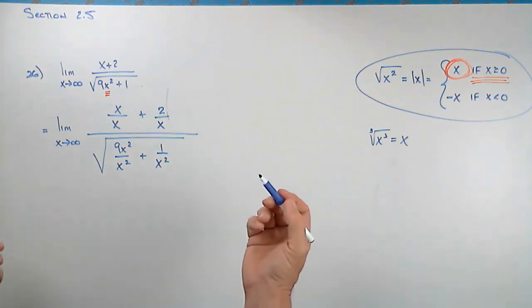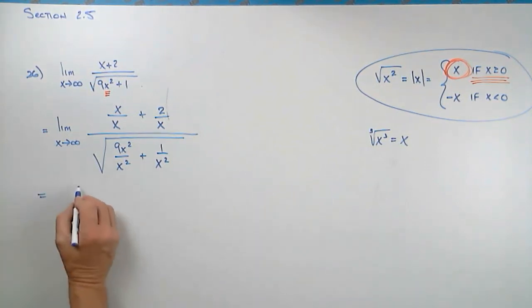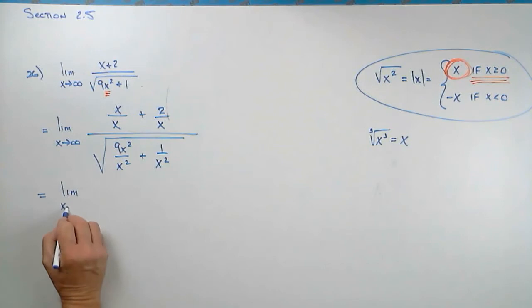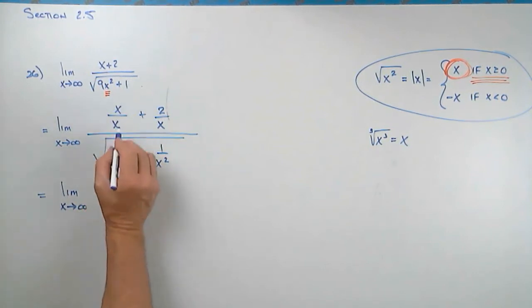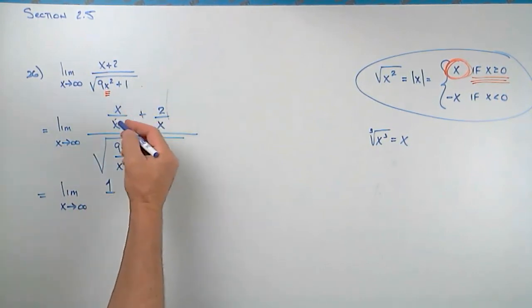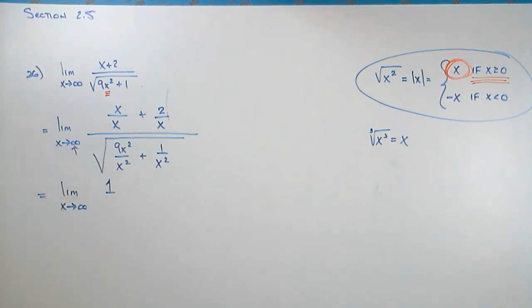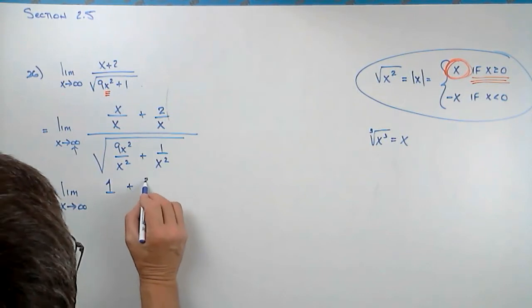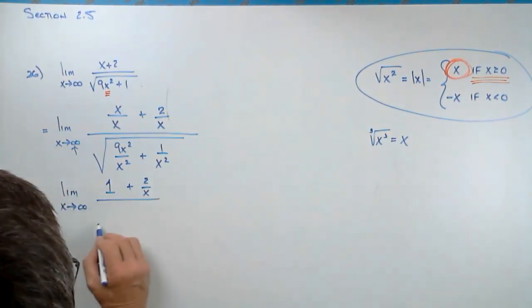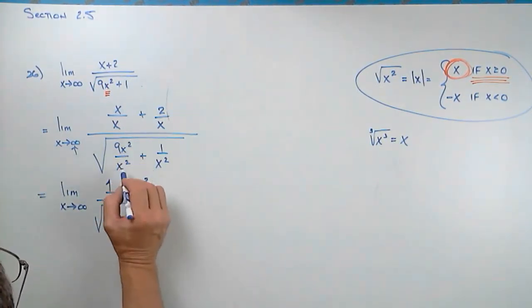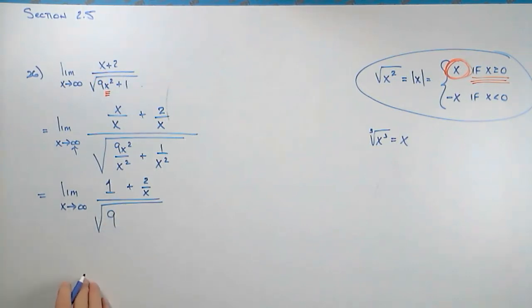So what does this work out to be? Well, if we do a little bit of math, we get the limit here as x approaches infinity, x divided by x, 1. Again, they can cancel because 0 is nowhere near infinity. 2 over x is going to be 2 over x. That doesn't simplify. Down here under a radical, x squared cancels x squared. We get a 9.